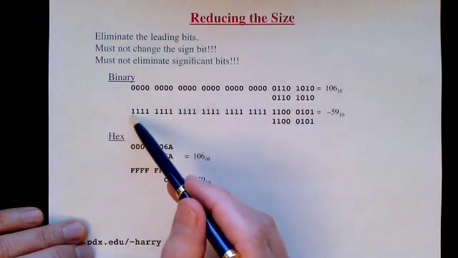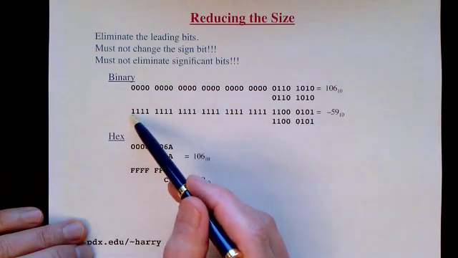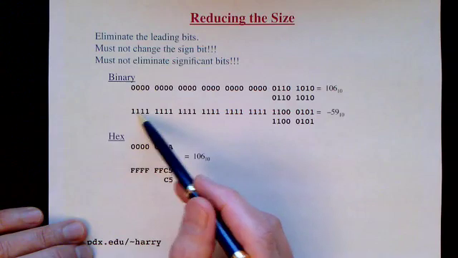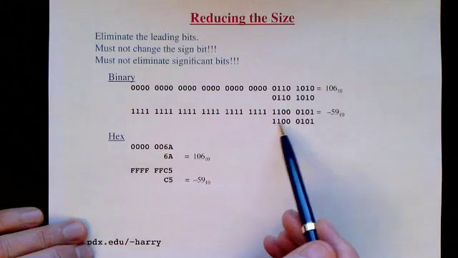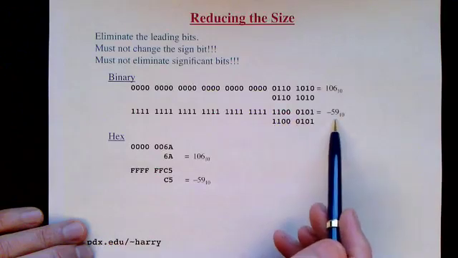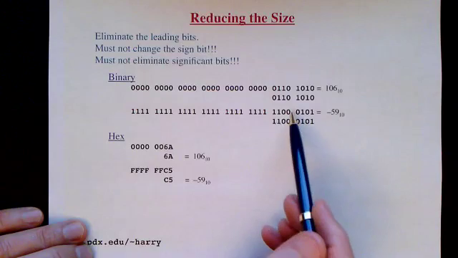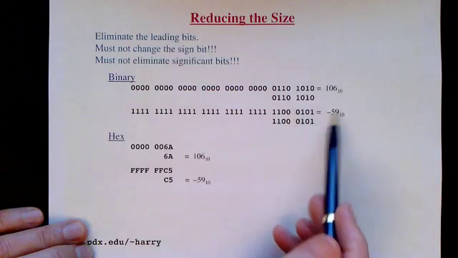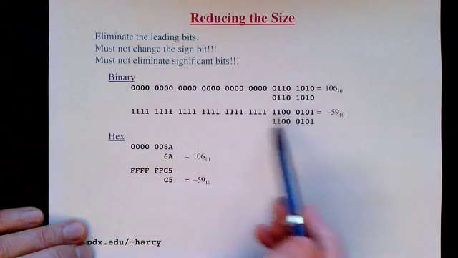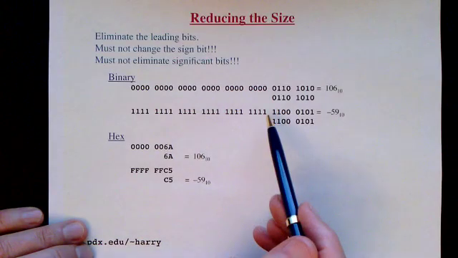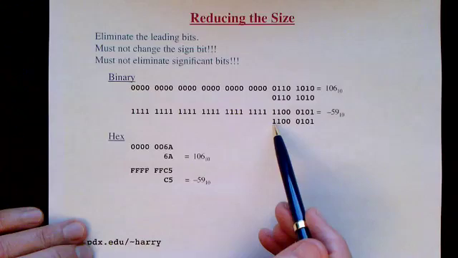The leading bit is a 1, indicating it's negative, and we're going to eliminate all the 1s, and the sign bit is still the same, so we haven't changed the sign bit. And this number happens to be minus 59. And so minus 59 is also something that can be represented in 1 byte, in 2's complement notation, so we can safely shrink this thing down from a word to a byte.